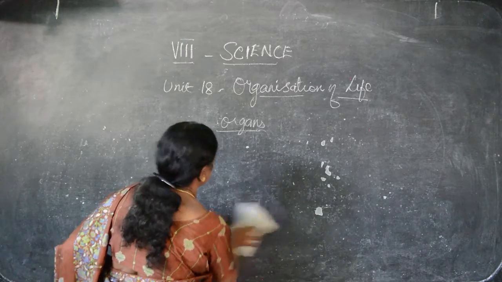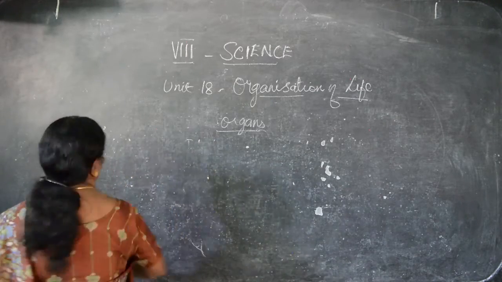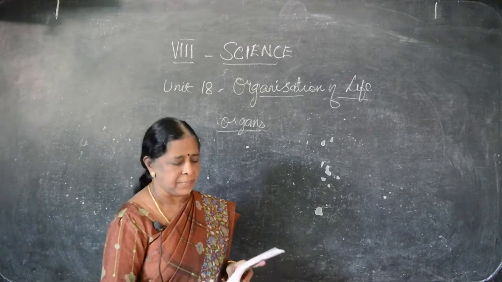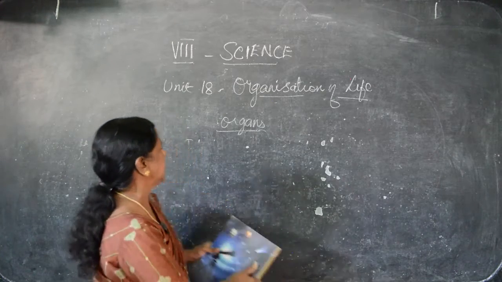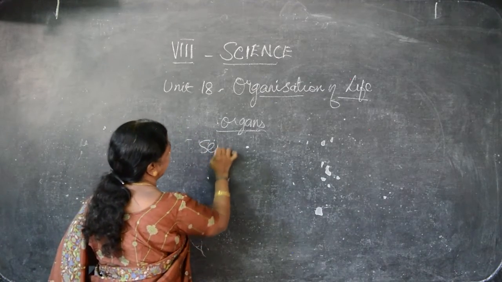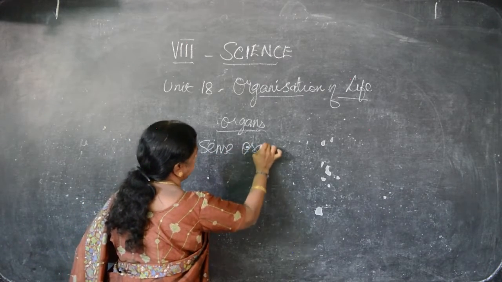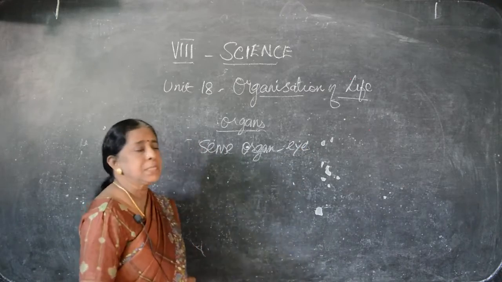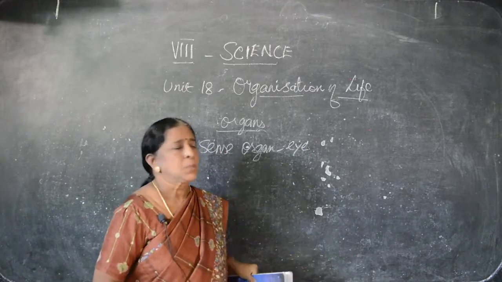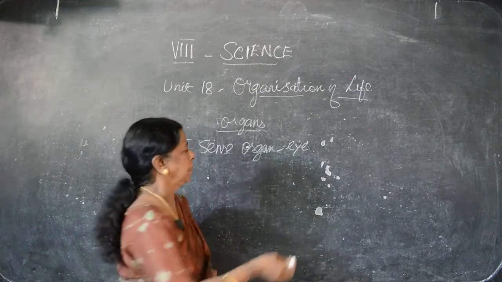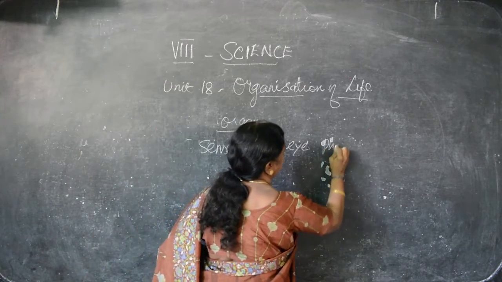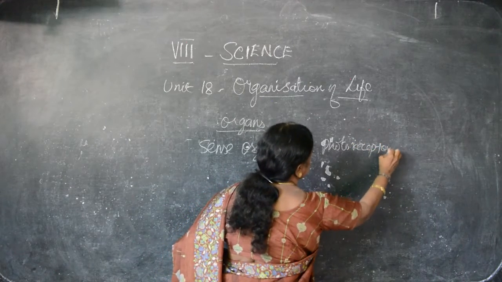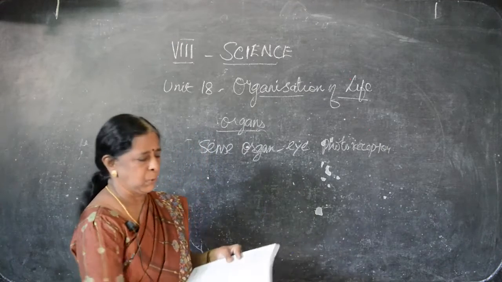In this we mainly have to see the eyes. Of the five sense organs, the important one is the eye, because it helps us to see things. So it is known as a photoreceptor. Receptor means what? Getting. The eye is known as a photoreceptor.